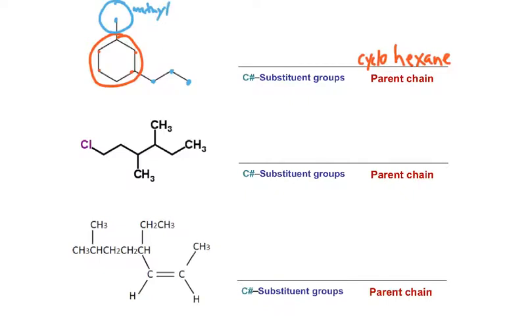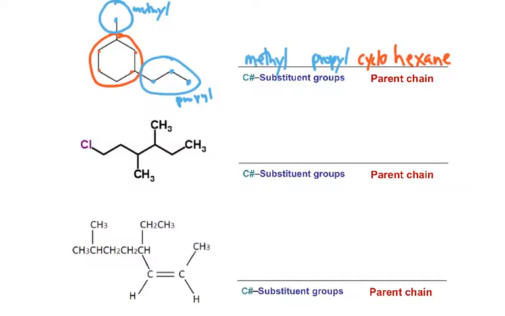If we look back at that table, this branch is a 3-carbon group, and a 3-carbon group is called a propyl. So we're going to put those in alphabetical order. Methyl comes first, then propyl. So we'll put propyl here and methyl here. We only have one of each, so we don't need any prefixes like di or tri or tetra.